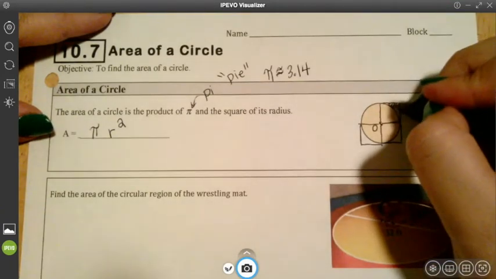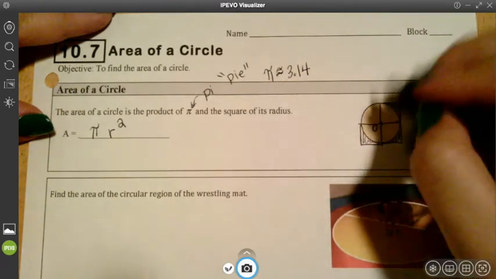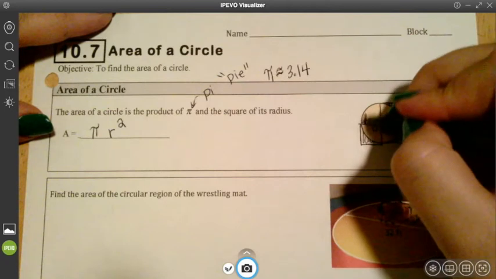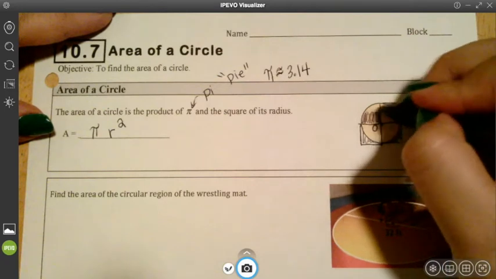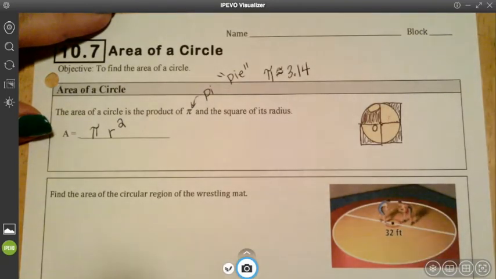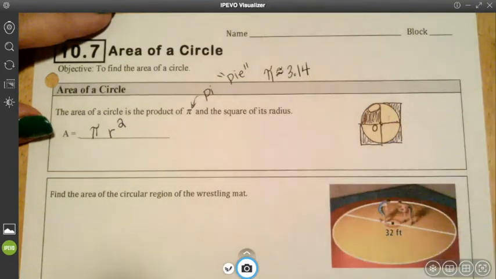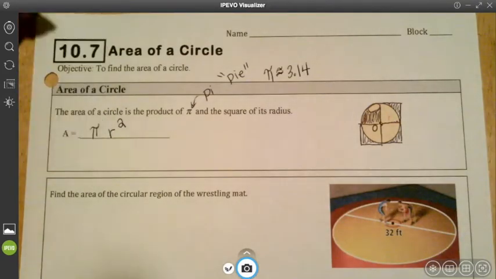And if I take all of this stuff that's outside of the circle, and I fill it in here, there's still a little bit more room, and that's why it's 3.14. Okay, so it's 3 and a little bit more. 3.14 times the radius squared.